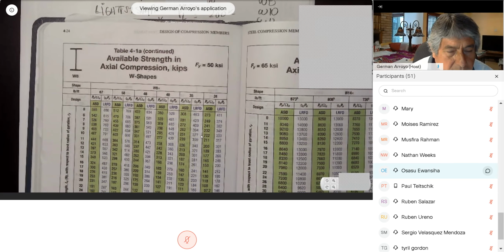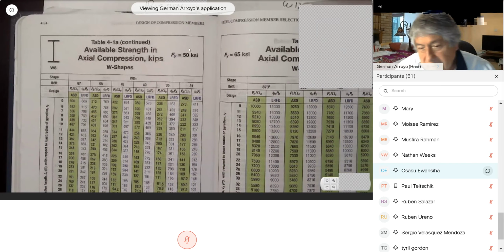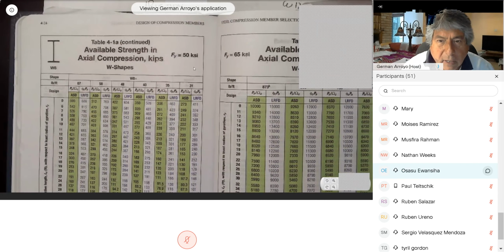So you have to be very careful whenever you use the code. Always check that you're using the correct table. Always check the Fy equal to 50. All of these tables used the equations in chapter 8, inelastic and elastic, to compute this value.